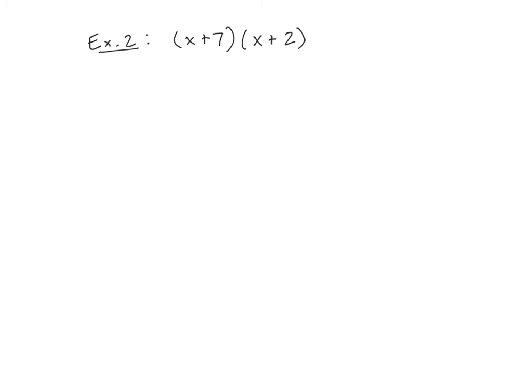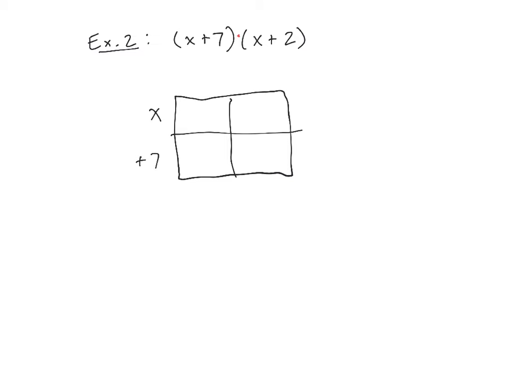All right, let's look at example 2. We have x plus 7 times x plus 2. Again, if you don't have anything in between those parentheses, we can see that as an invisible multiplication dot there. So I'm going to draw down my box problem, and it kind of looks like a Punnett square if you've done these in biology. So x plus 7 times x plus 2. Then I'm going to multiply into my boxes.